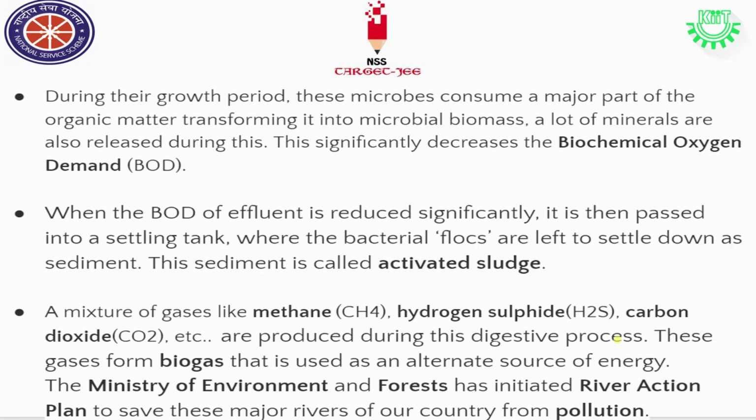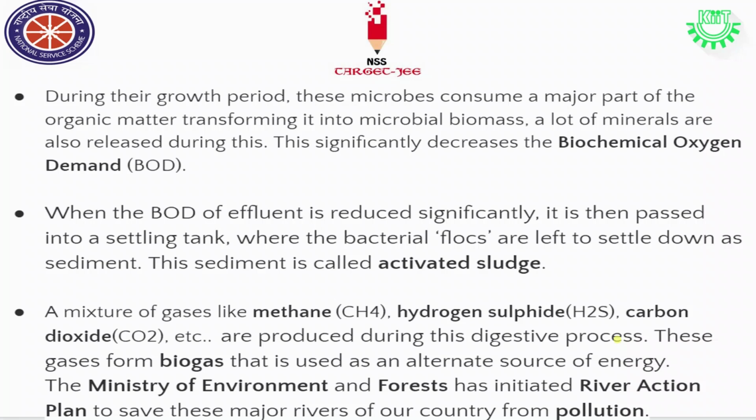What is biochemical oxygen demand? Biochemical oxygen demand refers to the amount of oxygen that would be consumed if all the organic matter in 1 liter of water were oxidized by bacteria. This sewage is treated till the BOD is reduced.